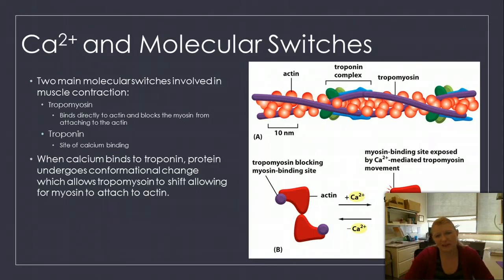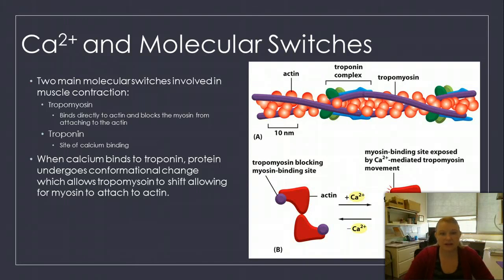The tropomyosin has these long regions that cover up the actin. This prevents the myosin from binding to it. So when the tropomyosin is in this place, the myosin head can't bind and can't cause contractions. When the calcium binds to the troponin, these tropomyosin regions will move, allowing the myosin heads to attach and create a contraction motion within the actin.